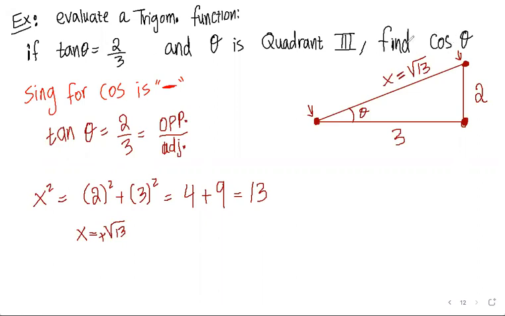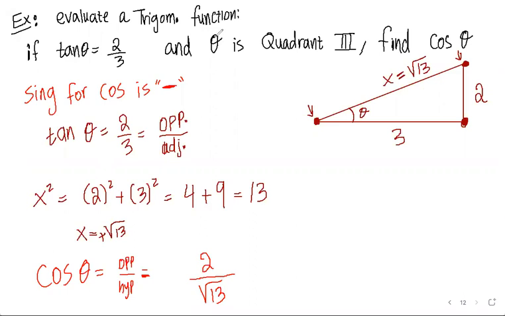Now, the question is find the cosine of theta. So the cosine of theta by using the triangle is opposite over hypotenuse, which is equal to 2 over the square root of 13.